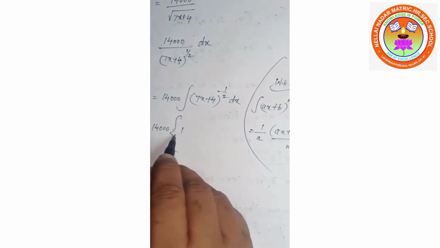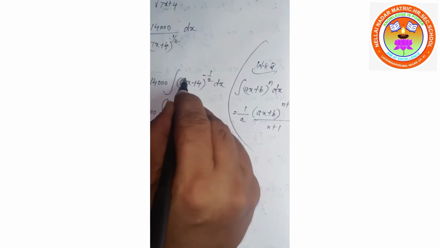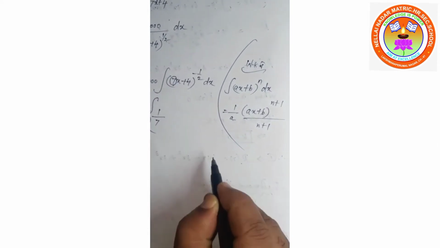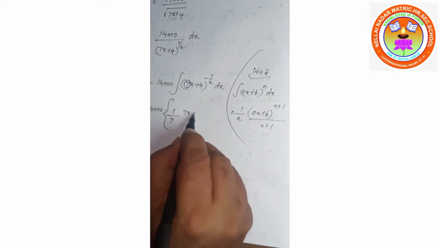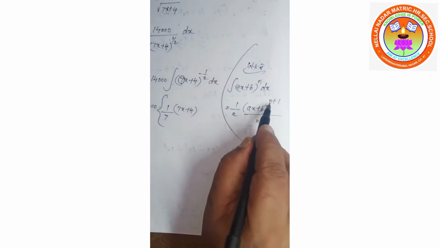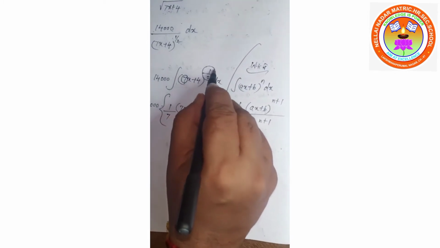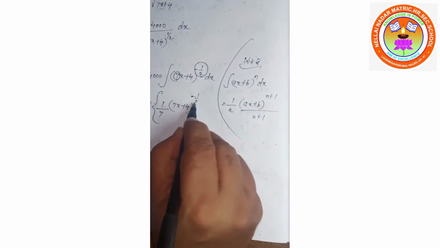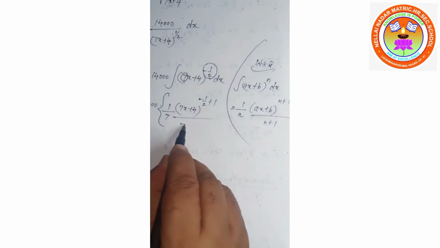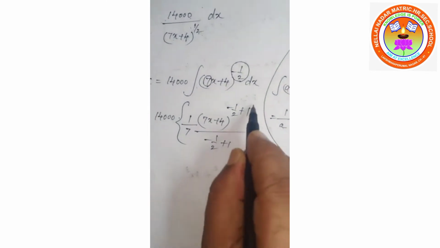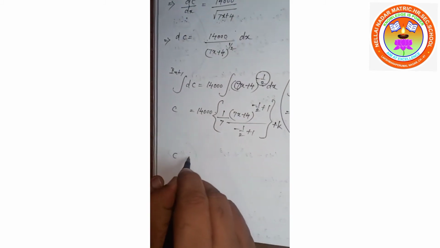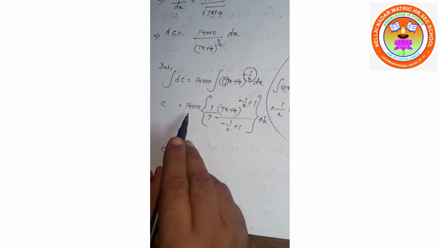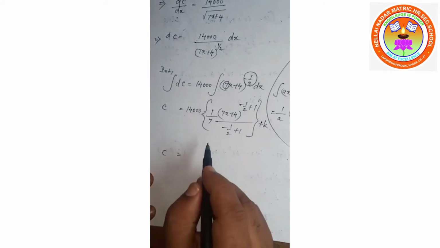1 by a, the coefficient of x, that is 7. This is ax plus b, I mean (7x plus 4) whole power n plus 1, where n is minus half, so minus half plus 1, divided by minus half plus 1, plus the constant k as usual. Now I have to simplify. C equals 14,000 into 1 by 7.